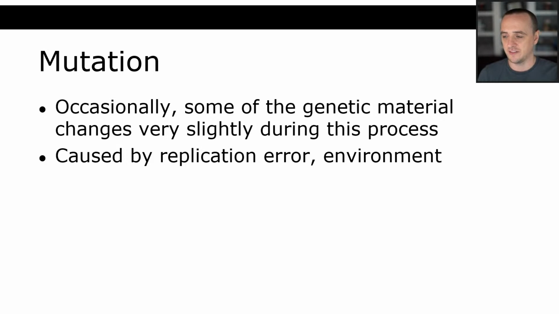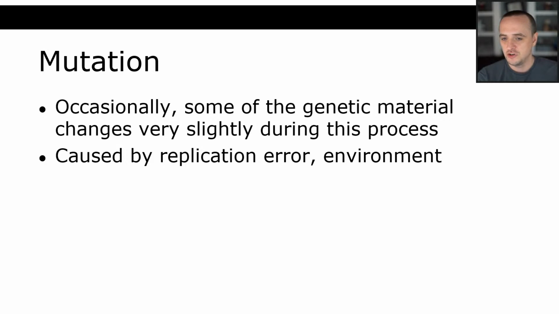You've got the DNA combining from however many parents you have, and it's a very complex process. Sometimes during that process, your computer could glitch out, right? And there's a replication error, so there's a small error in the child's DNA. That error could also be caused by something in the environment, like, for example, a nuclear explosion or the sun having too many gamma rays that day or whatever.